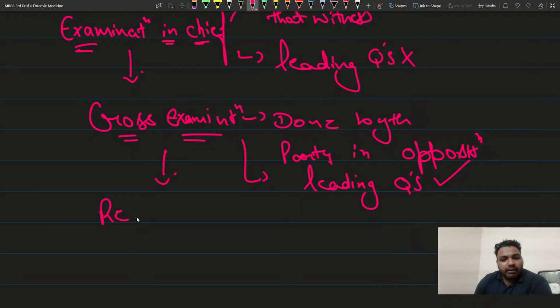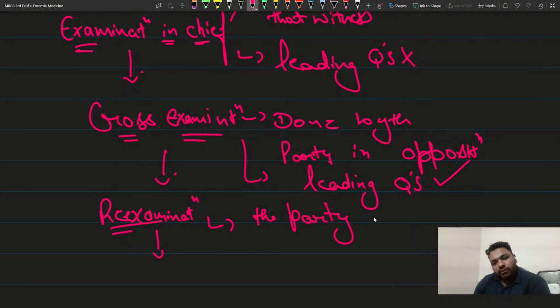Then re-examination. In re-examination, this is again done by the party that calls the witness.